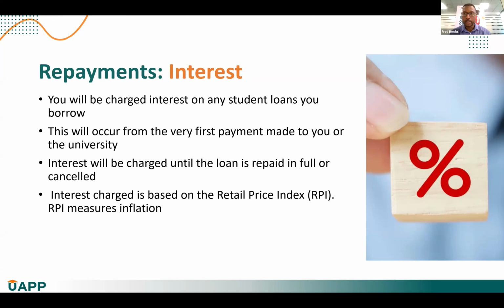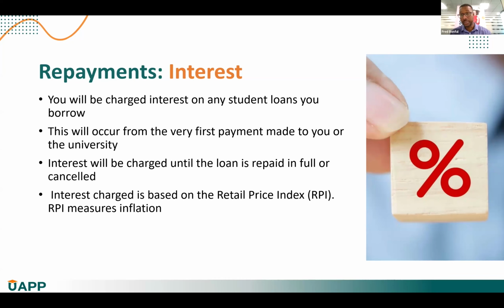At the moment, the interest that student finance charge is 4%. The repayment interest is also based on the RPI, the retail price index, so the cost of goods, inflation, and things like that. At the moment, the RPI, I do believe, is 3%. And so student finance will charge you 4% interest plus RPI.